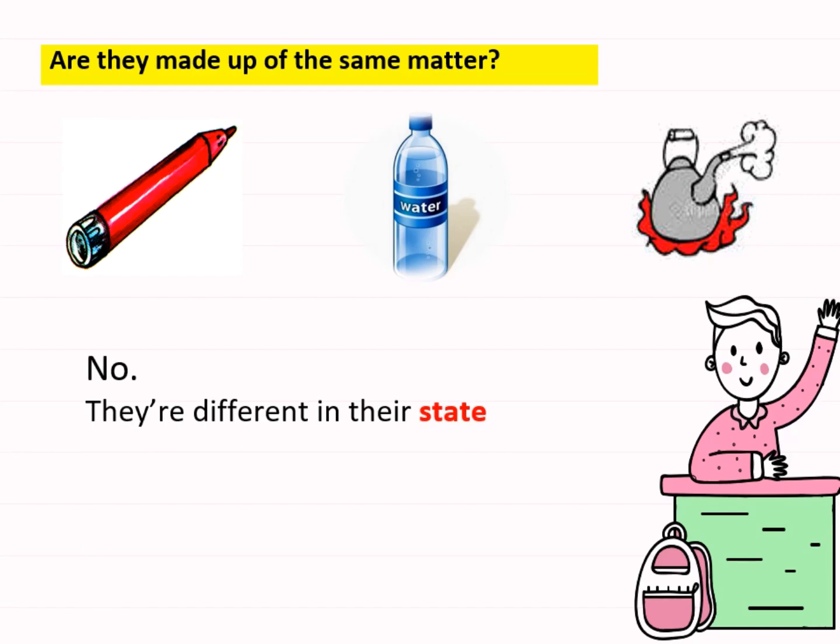For example, the pencil is an example of a solid matter, while water is an example of a liquid matter, while the water vapor is an example of gaseous matter.